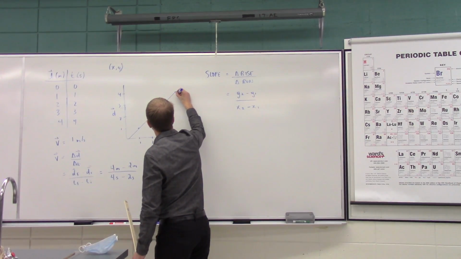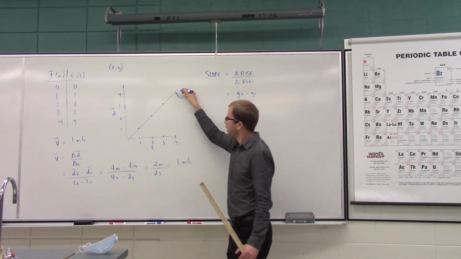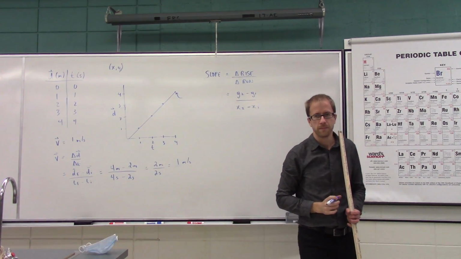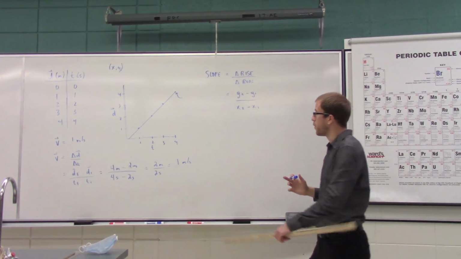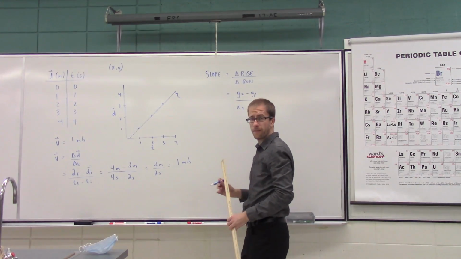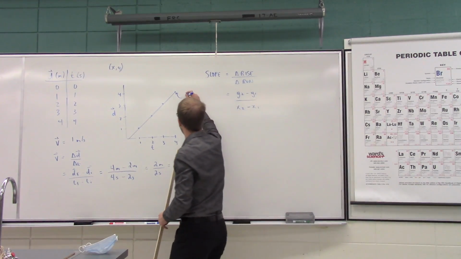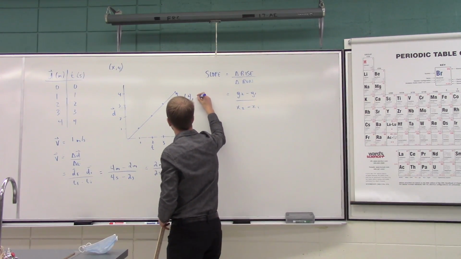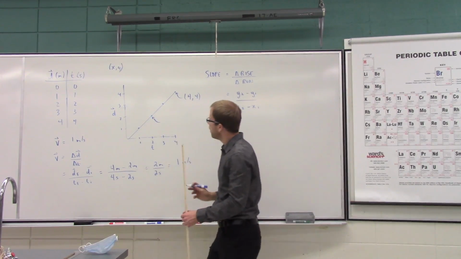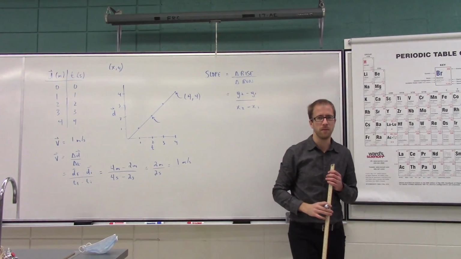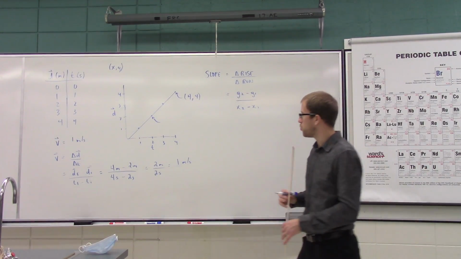Let's pick this point here. What is my ordered pair at this point? What is my x and y value at this point? This one right here. Yeah, it's 4 and 4, right? My x value is 4, my y value is 4. What is my ordered pair at that point right there? 2 and 2.